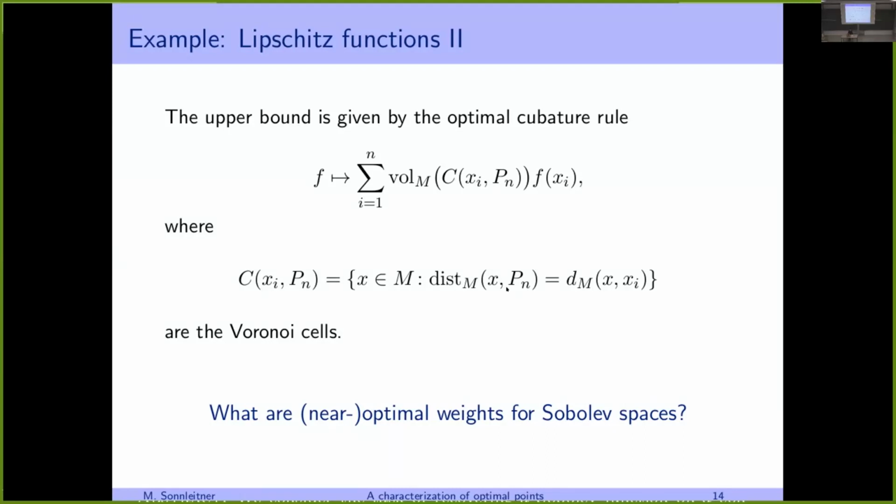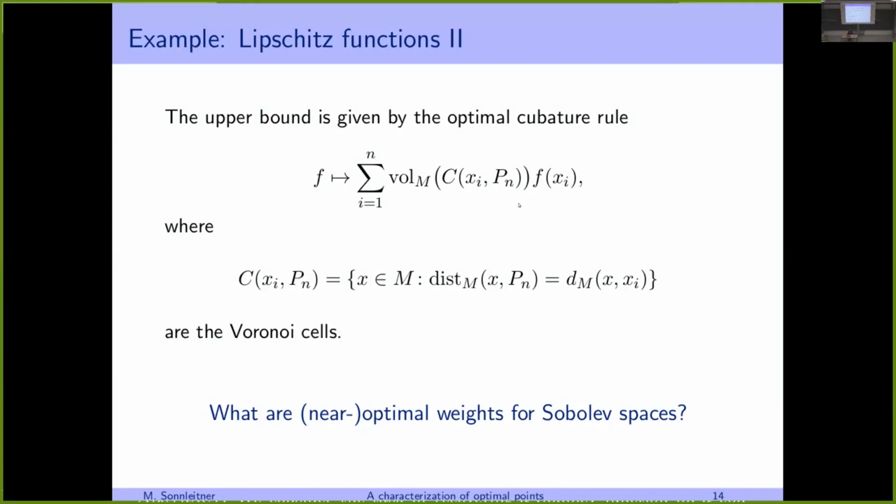So for each point in the point set, we take the collection of points on the manifold which are closer to this point than to any other point of P_n. And if we take then the volume measure of these Voronoi cells, this gives the optimal weight.